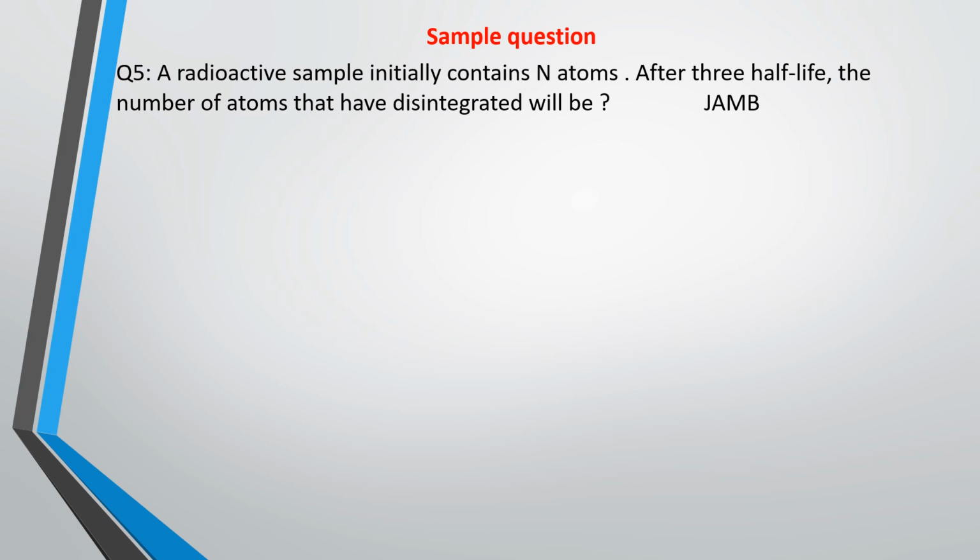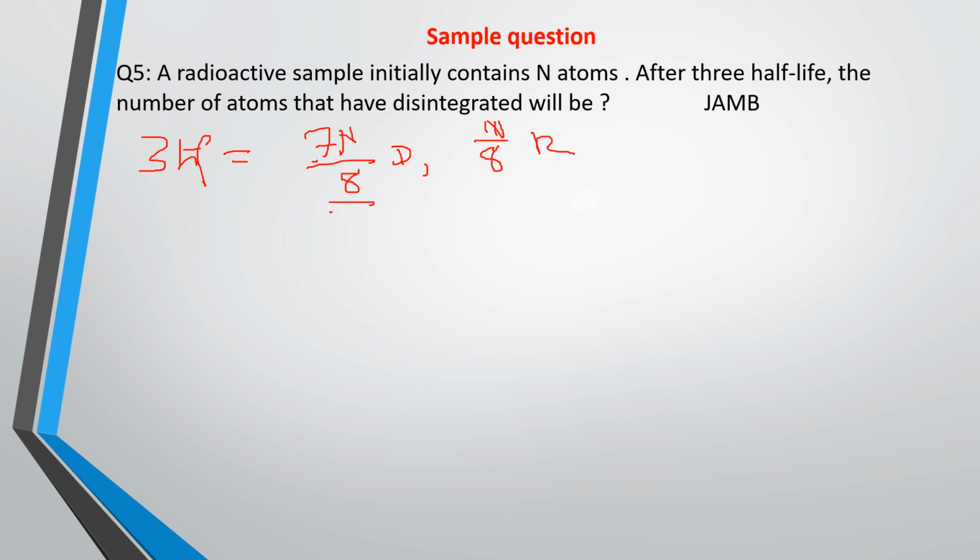If you are in a JAM examination and you remember what we have discussed before, you will not even need to waste your time, because I know that after 3 half-lives, from what we have discussed so far, 7n/8 will have decayed or disintegrated, and 1/8, or n/8, will remain.